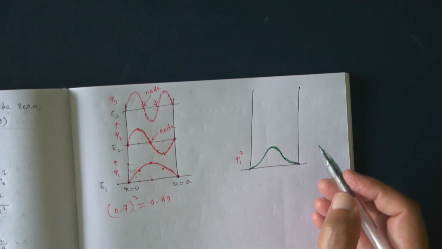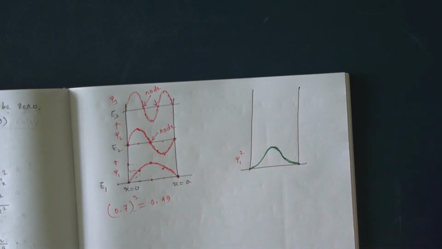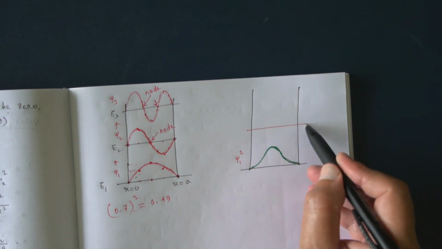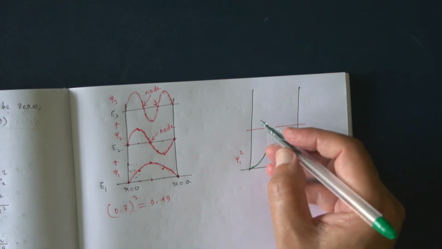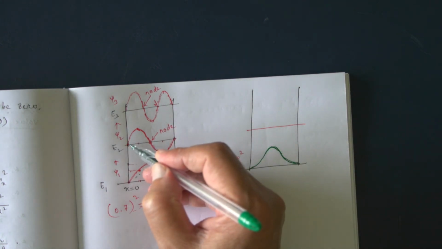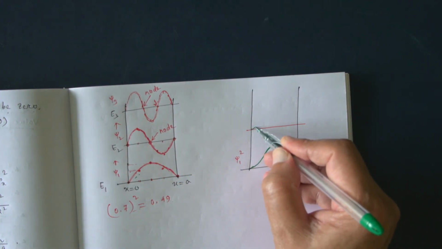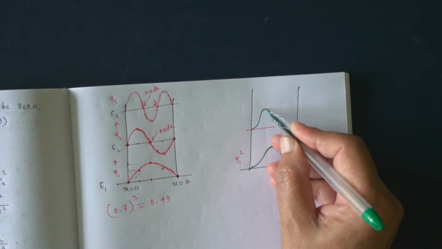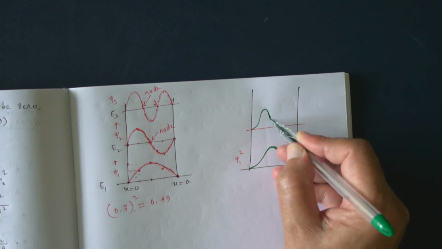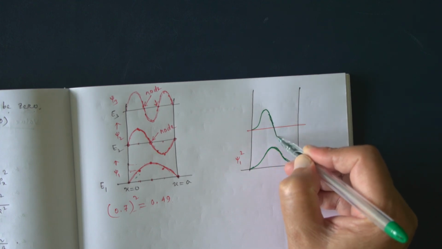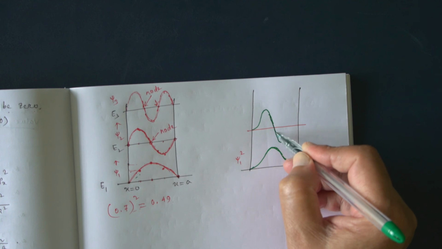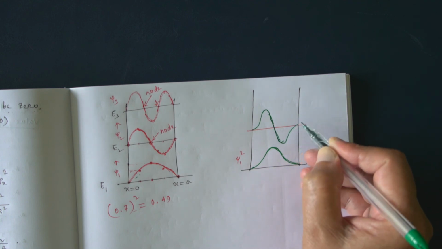The graph will be like this. Similarly here also the graph will be like this. This portion will go like this. My drawing is not good.